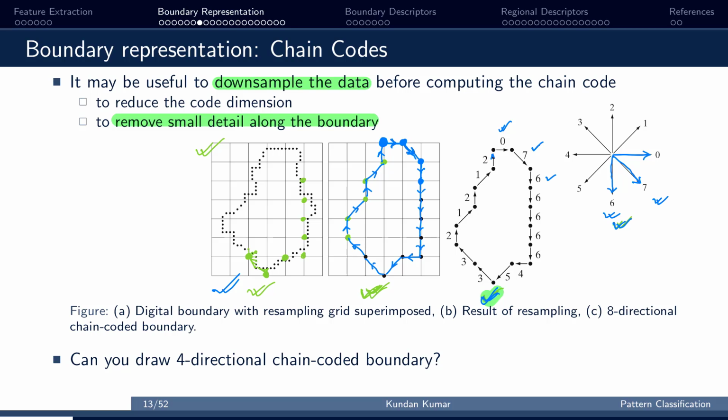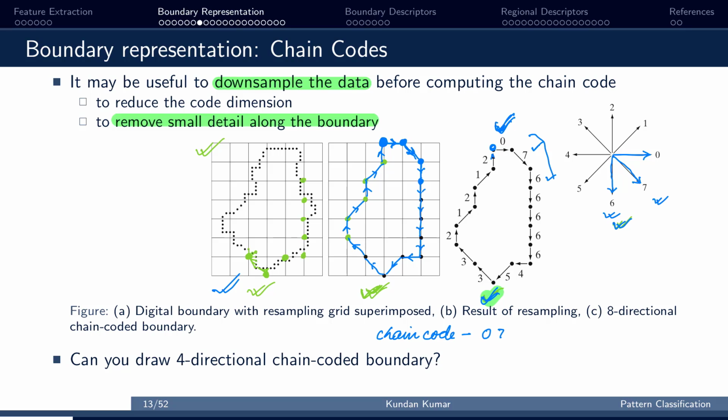So we can write our chain code. We start from the top left corner, and it will be 0, 7.